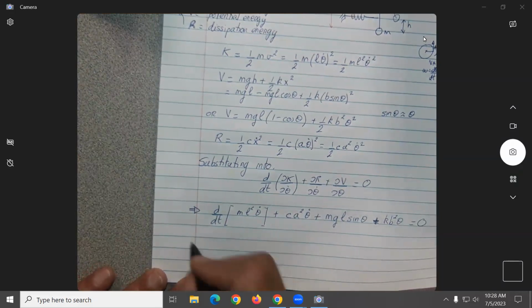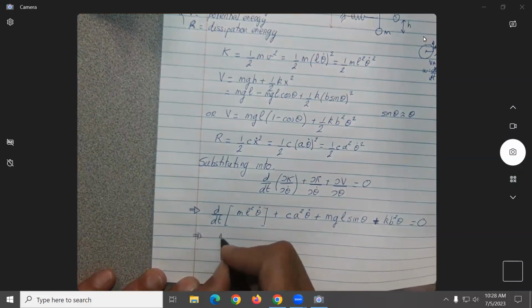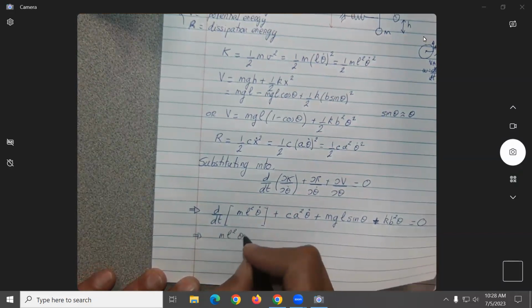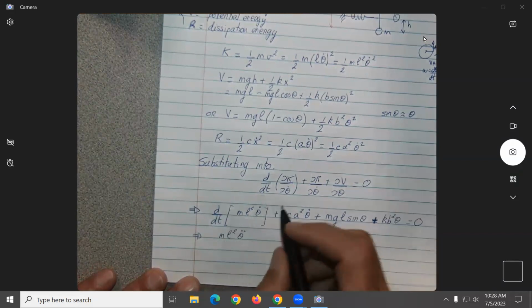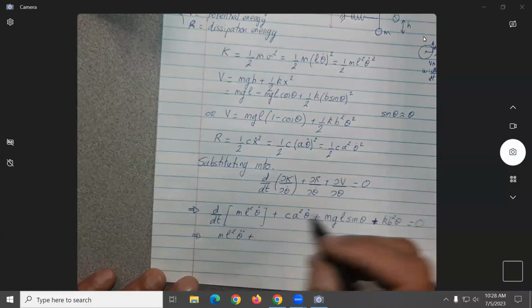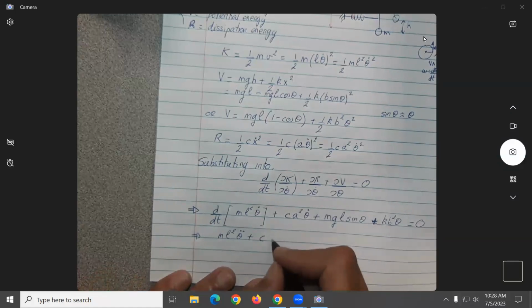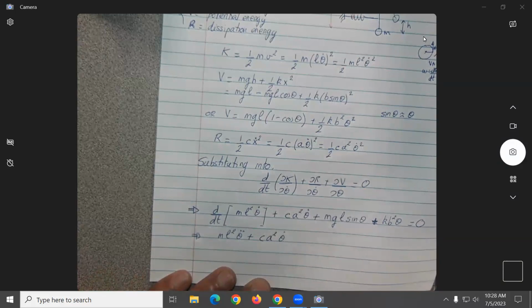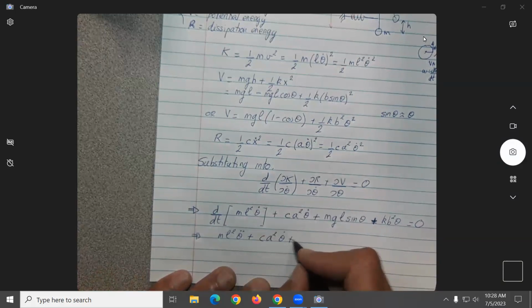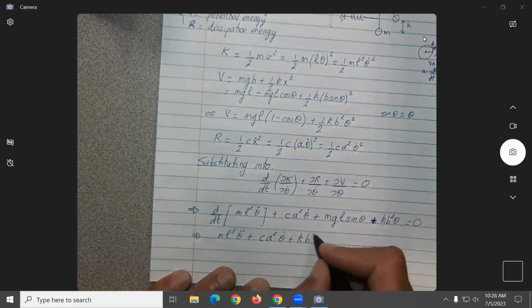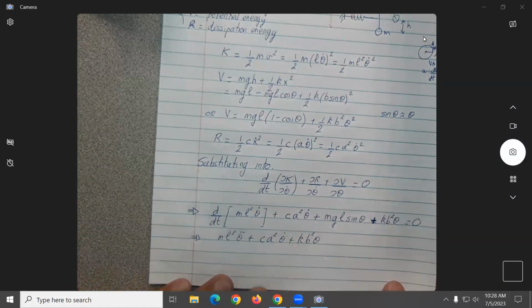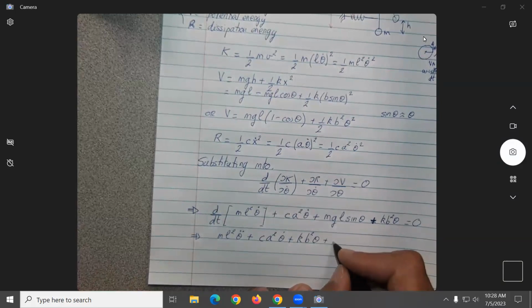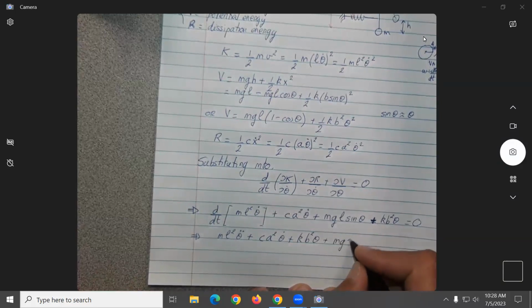Okay, so this will give us L squared theta double dot, plus C A squared theta dot, plus K B squared theta, plus MGL sine theta equal to 0.